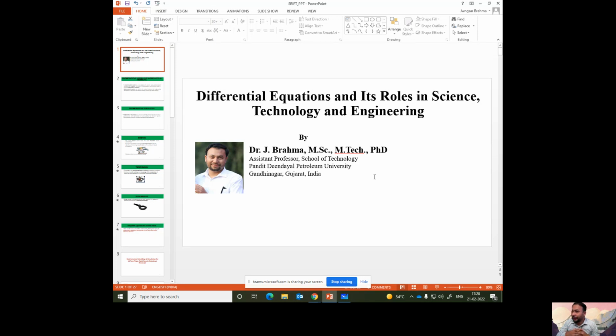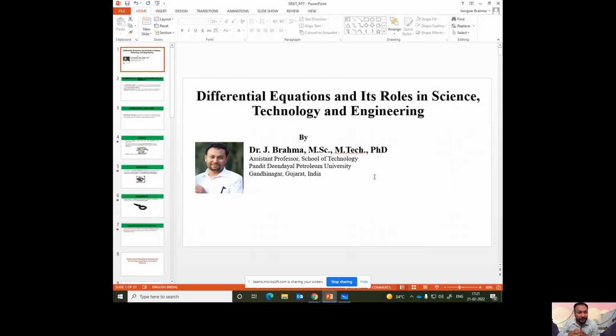So now if I want to define what a differential equation is: a differential equation can represent a system. The system may be any system. For example, it may be a biological system, a petroleum system, or a reservoir system. For example, if I want to understand the fluids flowing through a porous media in the petroleum reservoir, how can I represent it?